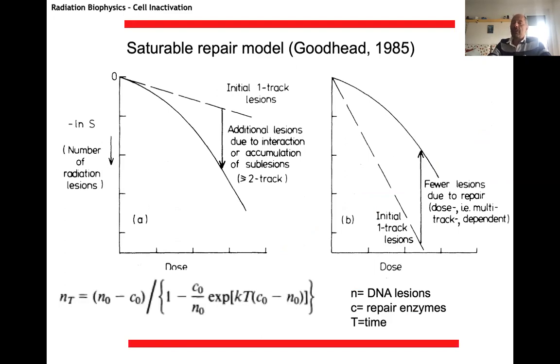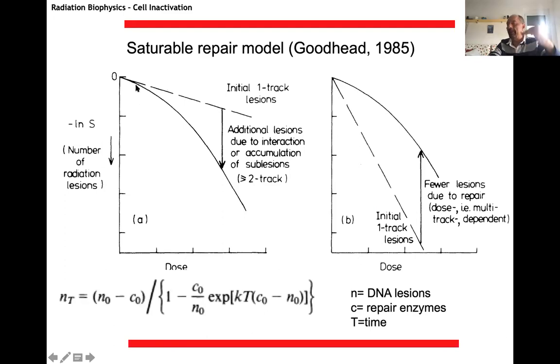Another approach is the so-called saturable repair model. This comes from Goodhead in 1985. The idea here is this one. In all the models we have seen so far, we start from the assumption that we have one-track, intra-track lesions, which give the alpha D, the initial slope.